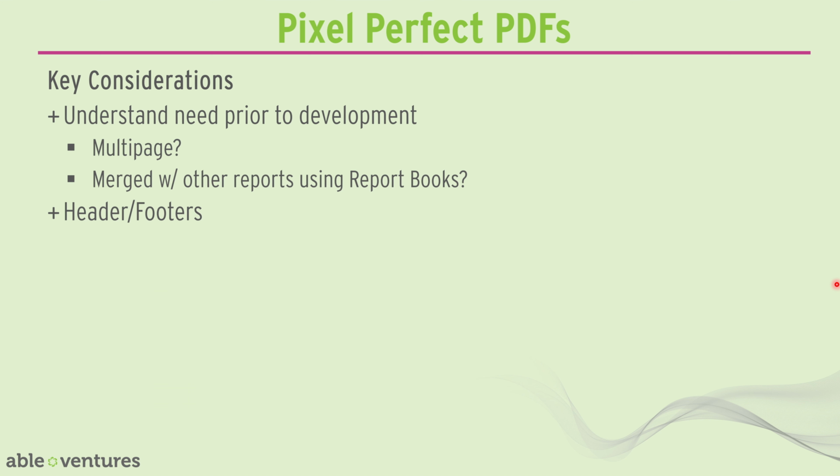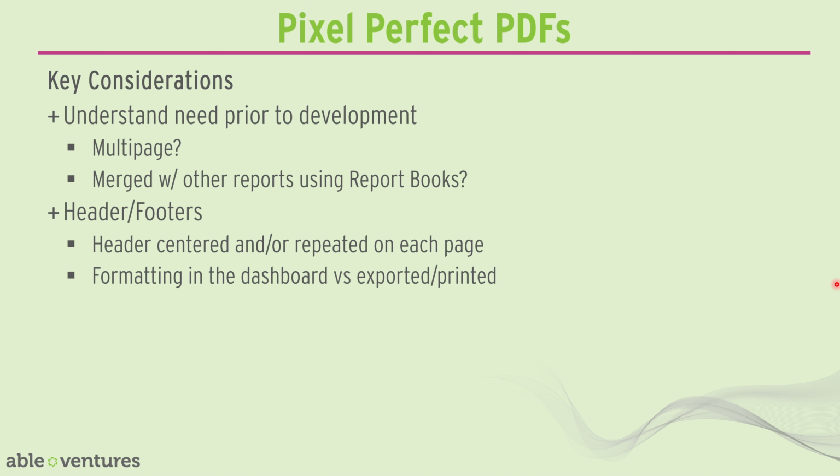And the formatting in the dashboard versus exported and printed, is it the same? Is there any variation there? And then identifying printed versus non-printed elements, so on the report versus the dedicated page, and any buttons or pagination controls that you might need to suppress when exported to PDF.